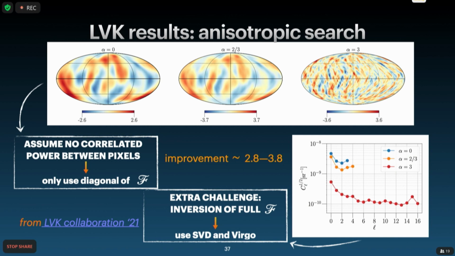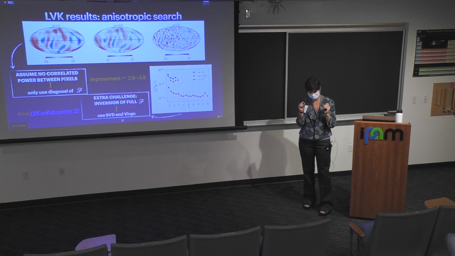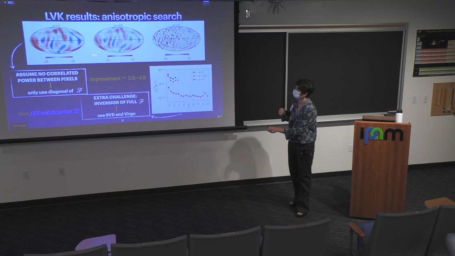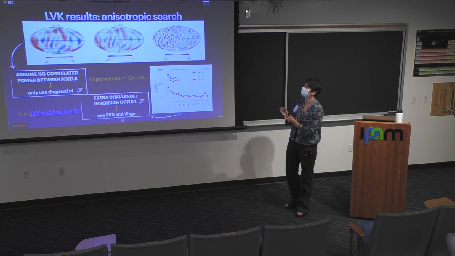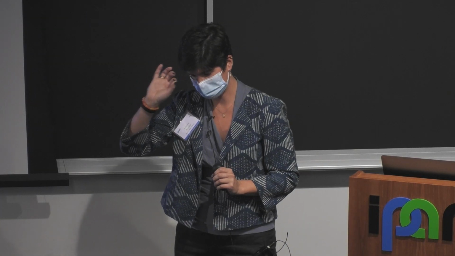And what that translates to, these are the results from the latest paper from this year, is that if you're using the pixel space and you're doing this radiometer search, the assumption, which is maybe not entirely transparent, but please give me a little bit of leniency, is that each direction is completely uncorrelated. So the way to interpret these maps, which are SNR maps, and you can see we don't have any high SNR signals in here, is that each pixel is a single source.